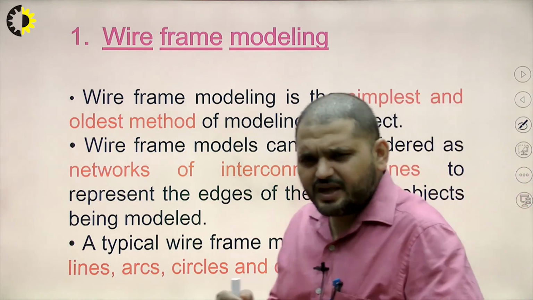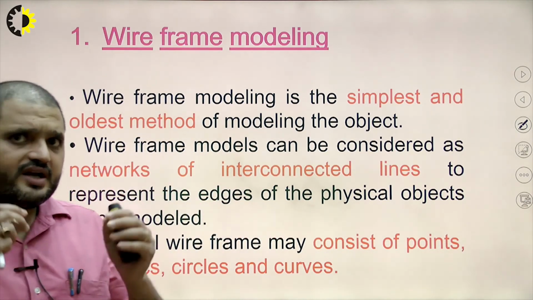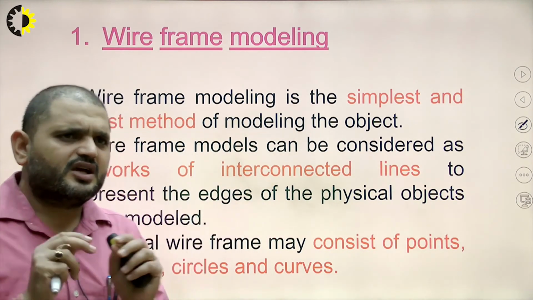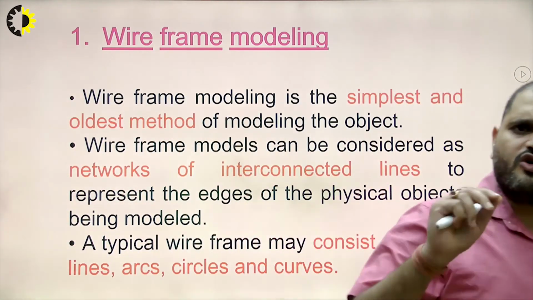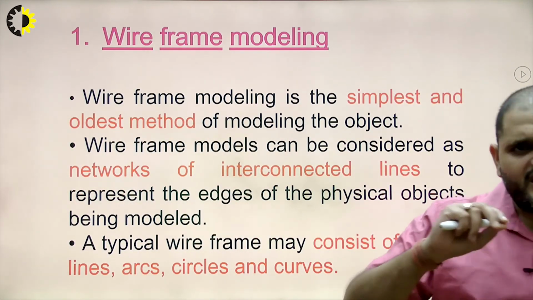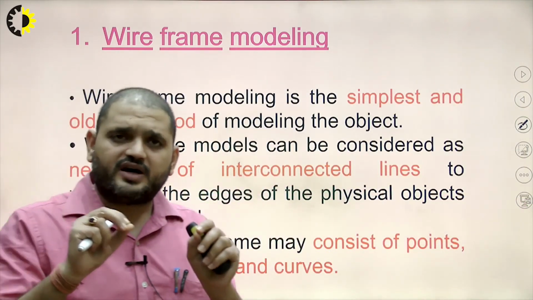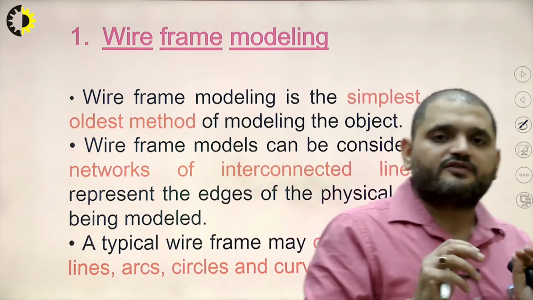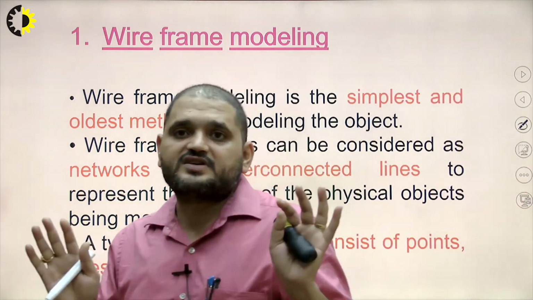So just visualize a cube with edges only, there is no surface present. A cube made up of thin wire is basically a wireframe model. Only corners and edges can be seen, no surfaces can be seen.